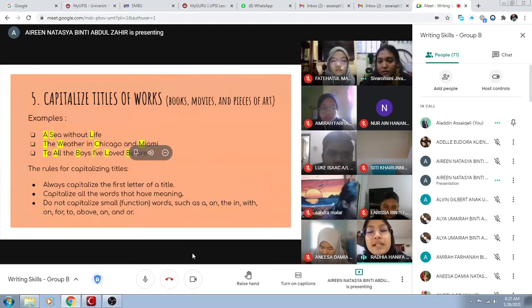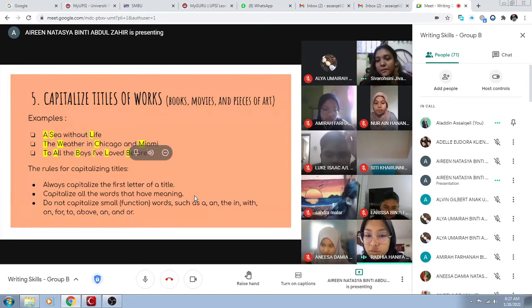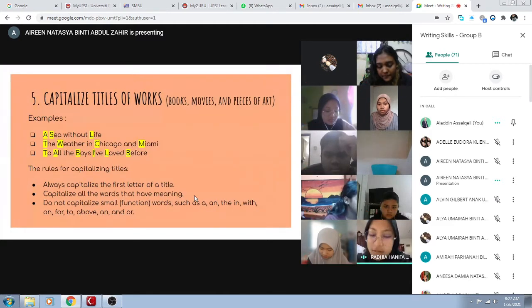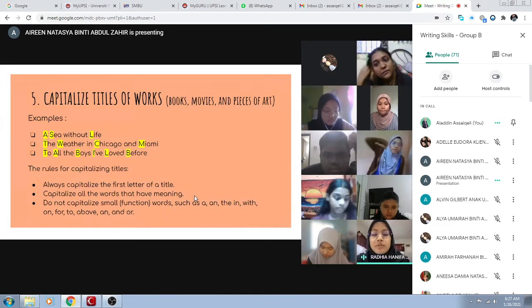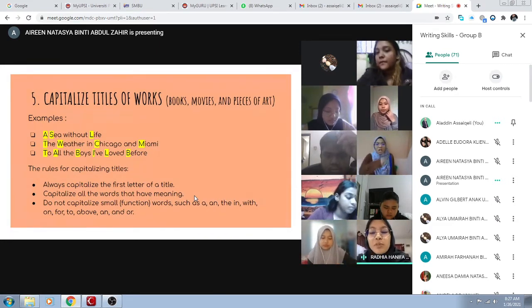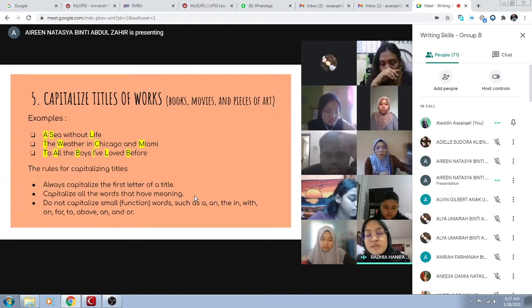So basically we have 5 capitalization rules. Number 1, always capitalize the first word of a sentence. Number 2, always capitalize the word I, no matter where it is in a sentence. Number 3, capitalize proper nouns such as the names of specific persons, places, or things.